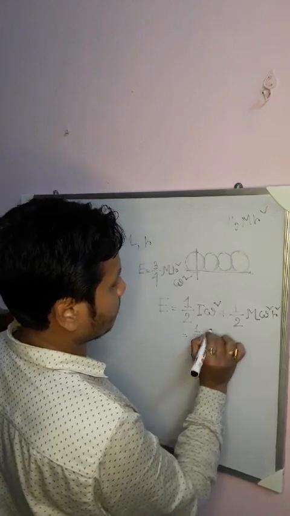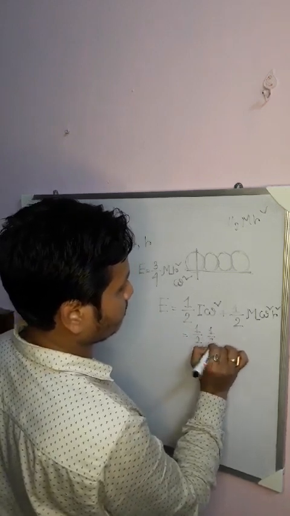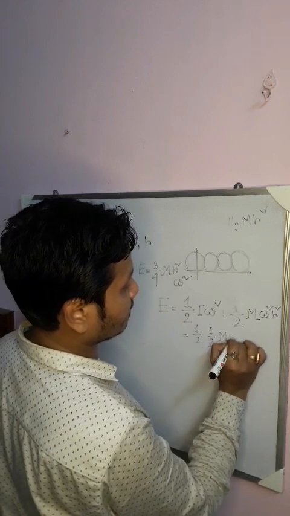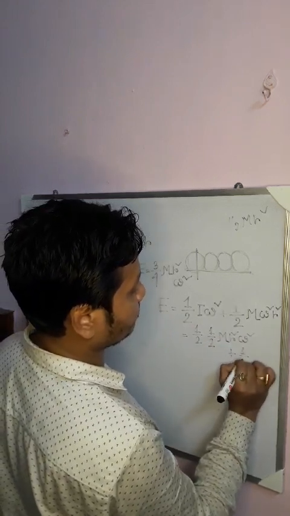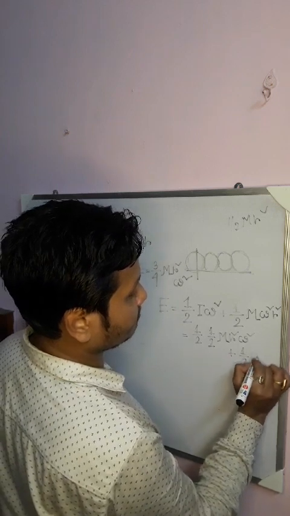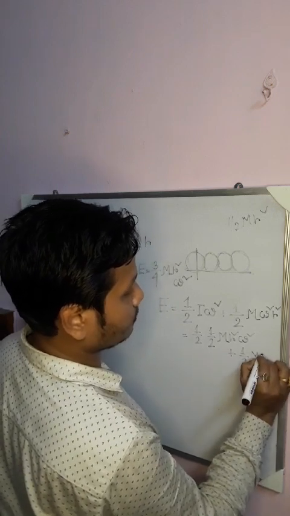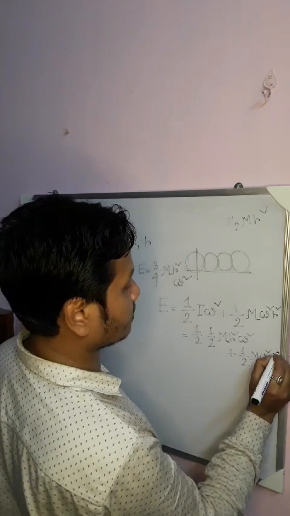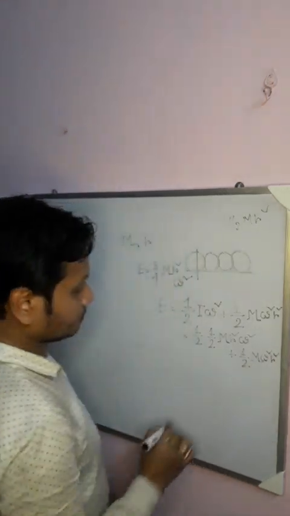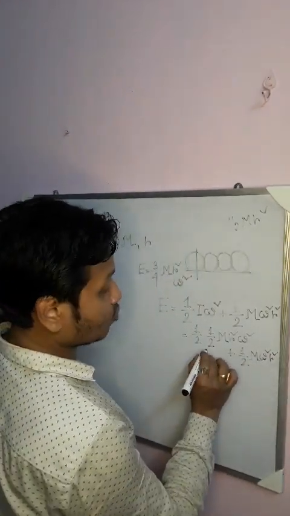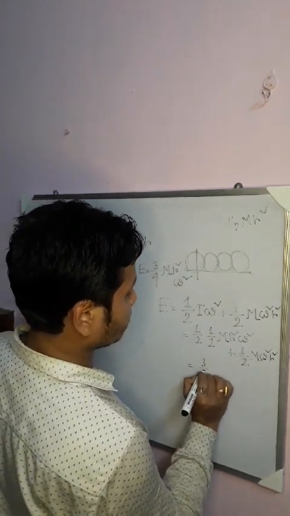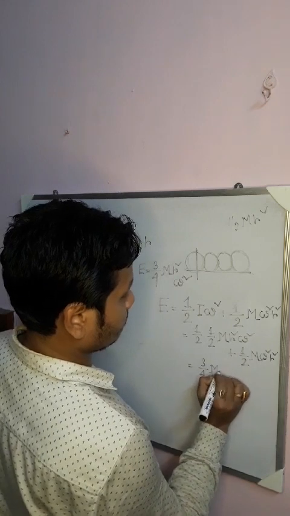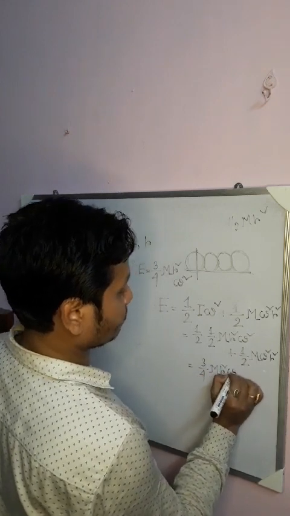So this is half into half m r square omega square plus half m omega square r square. So this is 1/4 and this is 1/2, that means 3/4. We obtain the result. So this is a simple interesting problem.